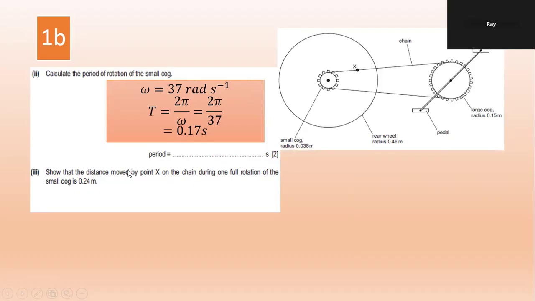Show that the distance moved by x on the chain during the full rotation of the small clock is 0.24 meter. How do I calculate that? What formula to use?